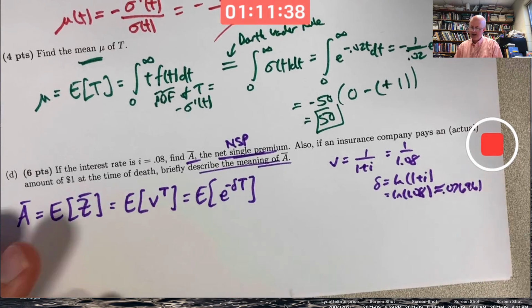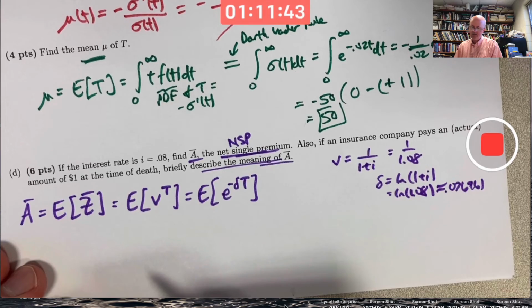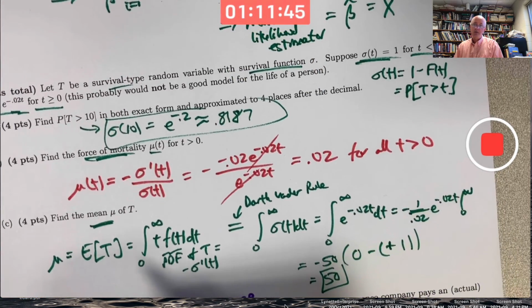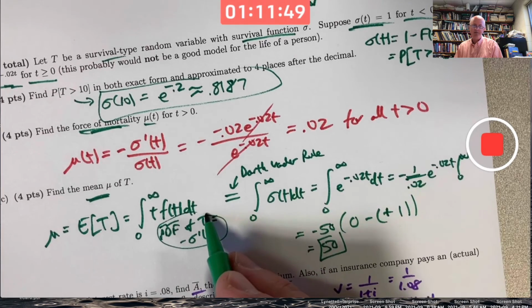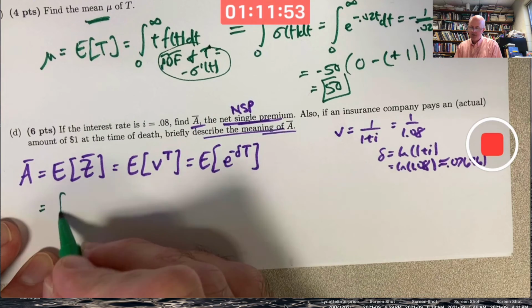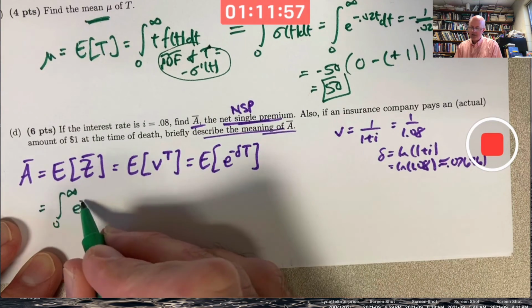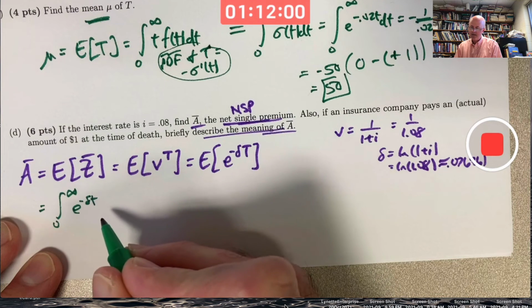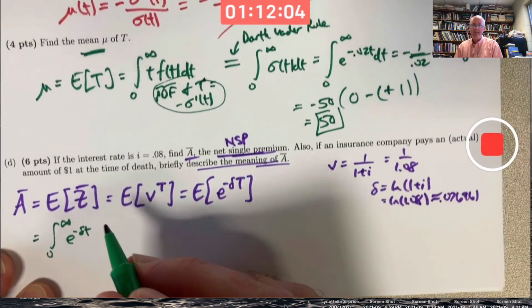The expected value of that, based on the given survival function and its negative derivative, which is the PDF. So we're going to need to integrate over all t, e to the negative delta t times the PDF, which is negative S prime of t.